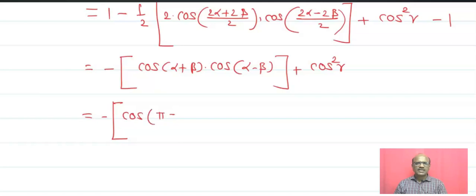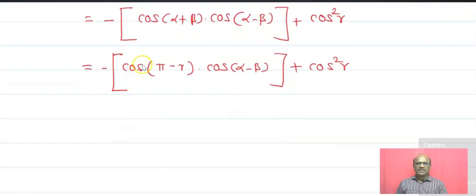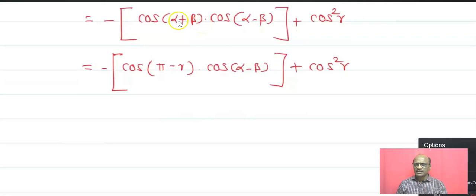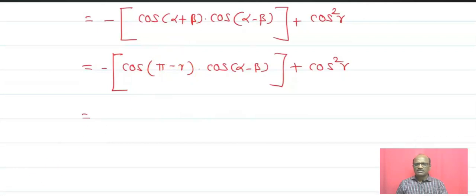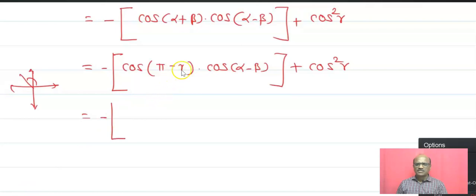Now next is written as, here we are applying the formula. Now see this, I will explain now. Here alpha plus beta plus gamma is equal to pi, therefore alpha plus beta is equal to pi minus gamma. Now here cos of pi minus gamma comes in the second quadrant.